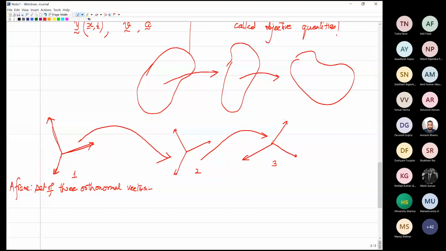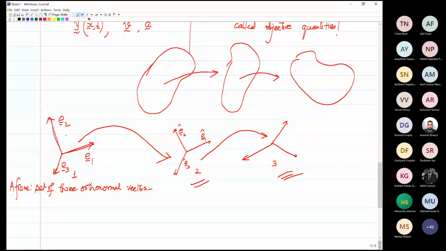But luckily, each of the triads, if they are orthonormal vectors, can always be related through a rotation tensor. So for example, if you have here E1, E2, E3, and here E1 hat, E2 hat, E3 hat, and likewise here E1 tilde, E2 tilde, E3 tilde, then they can be related.